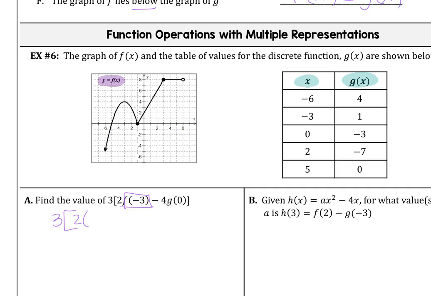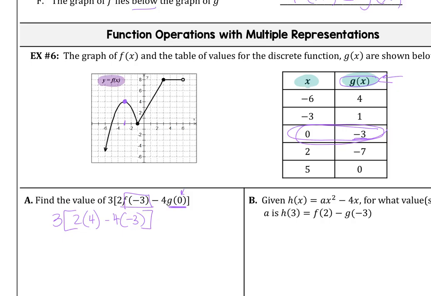So for f of negative 3, we go to the f graph, go to negative 3, and find the y value. It's 4. Minus 4 times g of 0. Go to the table for g. 0 is the x. So g of 0 is negative 3.